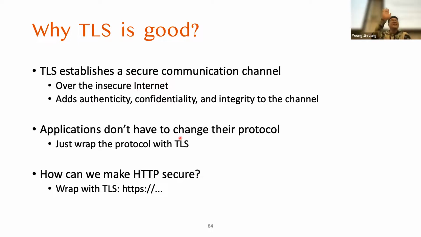We can just plug in TLS without changing the application, and just sideload it. Then the application can enjoy the secure communication channel. And we have an example of how you can make HTTP secure: it's just wrapping with TLS. Then that's HTTPS. That's it.